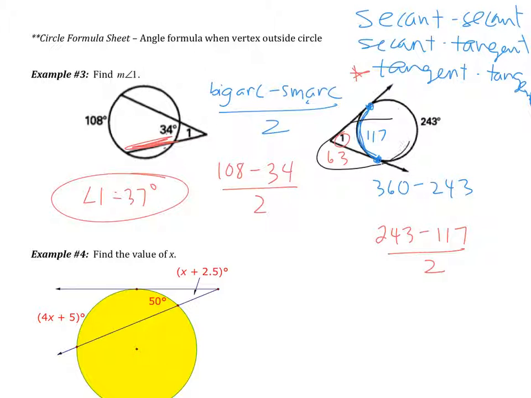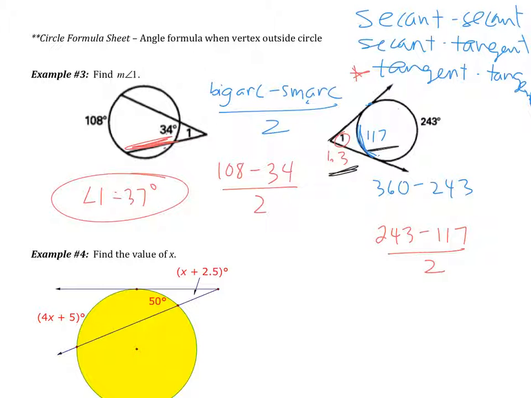Does anybody see a relationship between any of those two angles? Does anybody see a relationship between any of the three numbers presented up here? What do you see? Which ones form 180? The 63 and the 117? Very good.